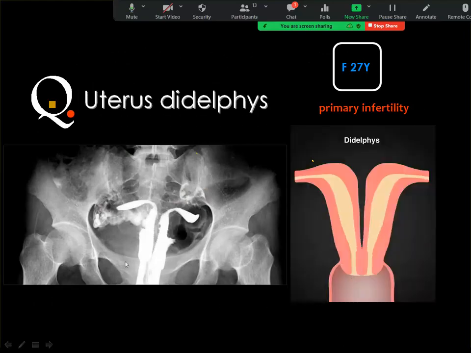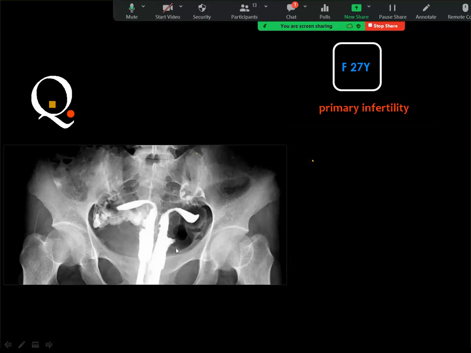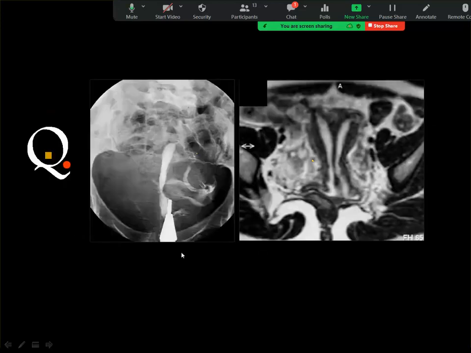In cases of uterus didelphys, you get both uterine cornua almost totally separated from each other, like this one. This is the classic appearance of uterus didelphys, and in the previous case, the radiologist who performed the examination introduced the cannula in the cervix, and he could not notice that there is another cervical opening.